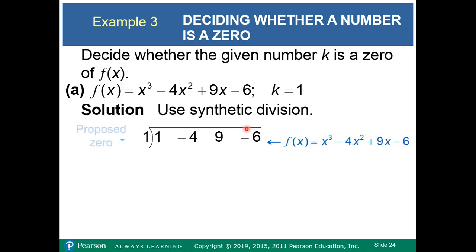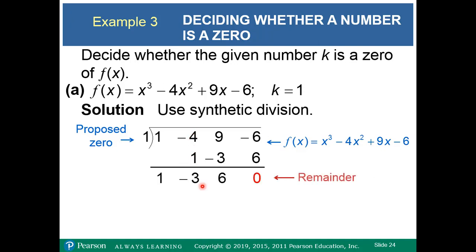So we set up our terms, and now we go through the process. We drop the 1, and we multiply, and we get 1. And 4 plus 1 is negative 3. And then we multiply, and we get 9 plus a negative 3 equals 6.